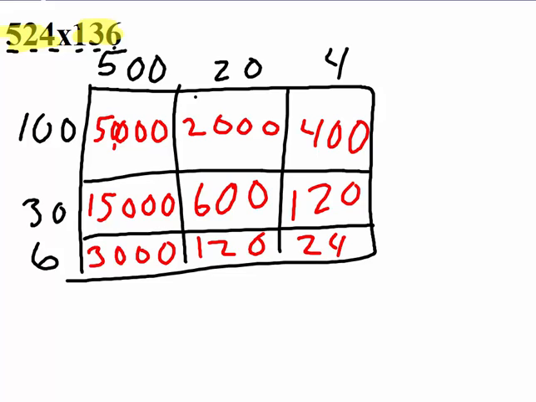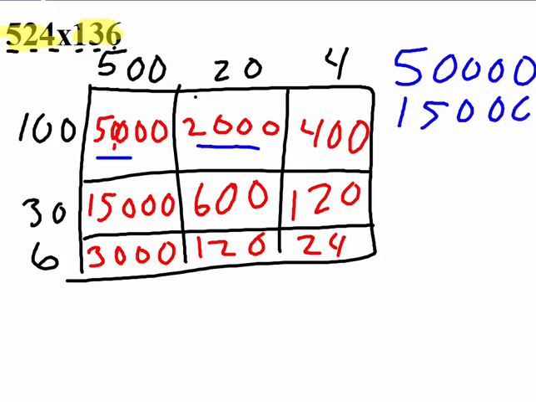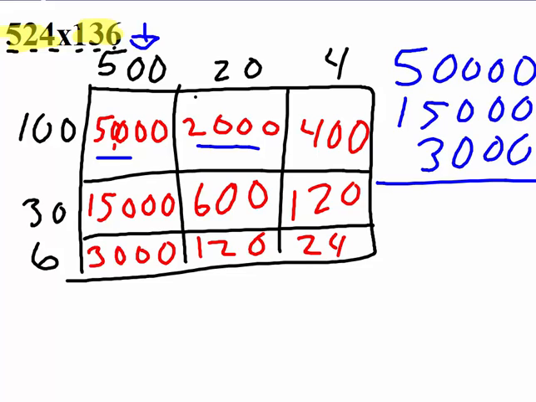And now what I do is I just add each of these components. So I have 50,000 plus 15,000 plus 3,000. And I could do it all by rows, or I can just add them all together. So here I'm just going to do this row, and I get 0, 0, 0, 8, 6. So here when I add this up, I get 68,000.